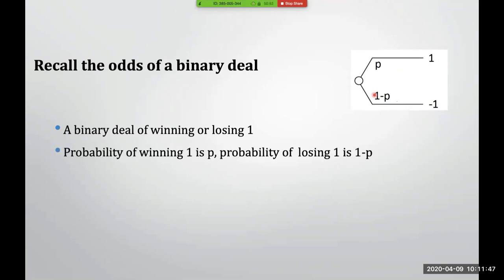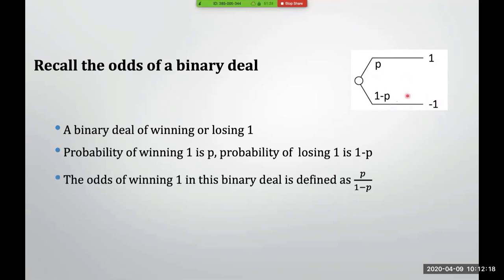As you read this uncertain deal, winning $1 has the probability of P, and losing $1 has the probability of 1 minus P. They have to add up to 1. That is why one is P and the other is 1 minus P. So P could take the value of 0.5 or 0.2, then 1 minus P would be 0.5 or 0.8.